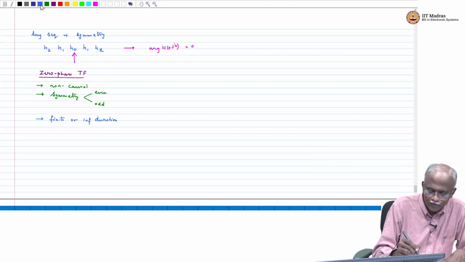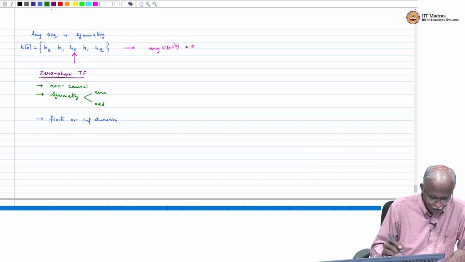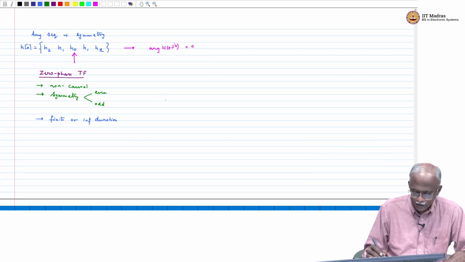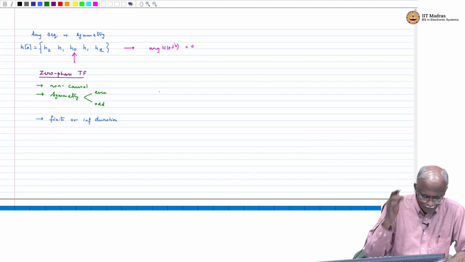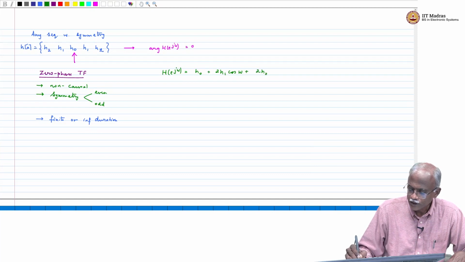So for example, if this is the h of n, okay, then we can write down the expression which is given by He of j omega as h0 plus 2 h1 cosine omega plus 2 h2 cosine 2 omega.